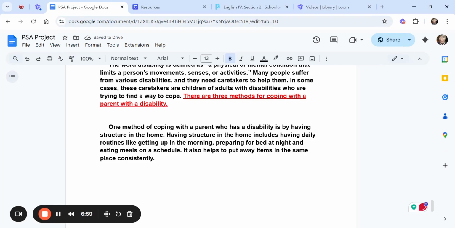The next sentence I have on my outline is a quote from the book. So I'm going to refer to the book.